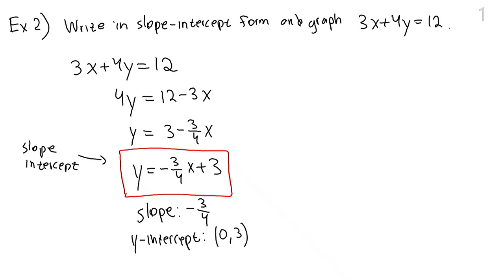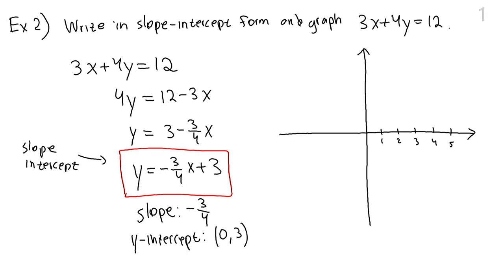So now, when we are tasked to graph this, the very first thing that we will plot is the y-intercept, and then figure out the slope, and then use the slope to graph the rest of the line.